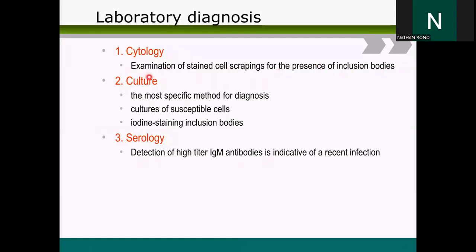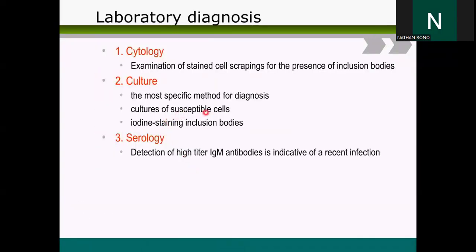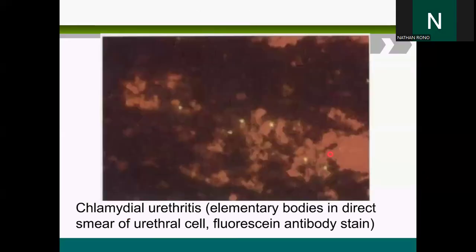Culture: the iodine staining of inclusion bodies, as we had seen. And then culture of susceptible cells is the most specific method for diagnosis. Then serology: we're going to see if IgG and IgM antibodies are indicative of a recent infection. So we know IgG is chronic infection.